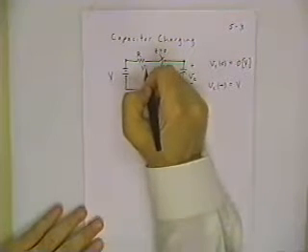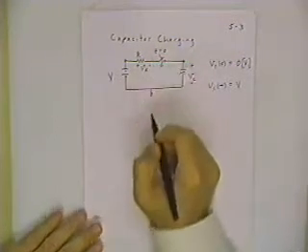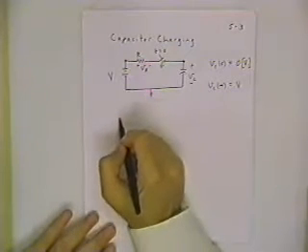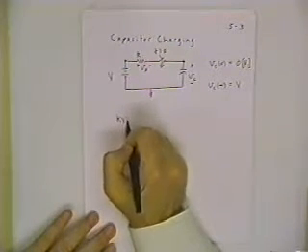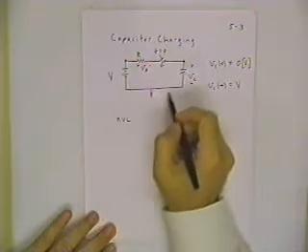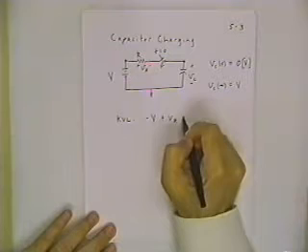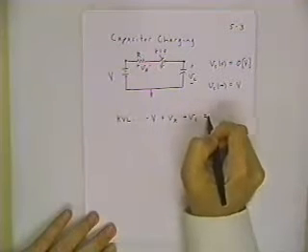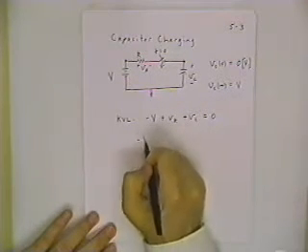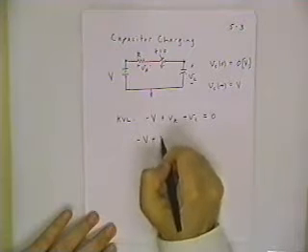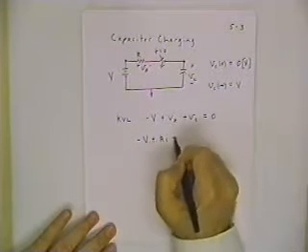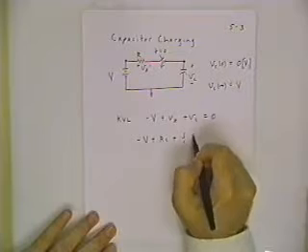Okay, well, what I want to do is the same basic setup, and it's so similar I'll step through it fairly quickly. The Kirchhoff voltage law, going around this loop clockwise: minus V plus V sub R plus V sub C equals 0, minus V plus R times I, and now we need a plus sign.